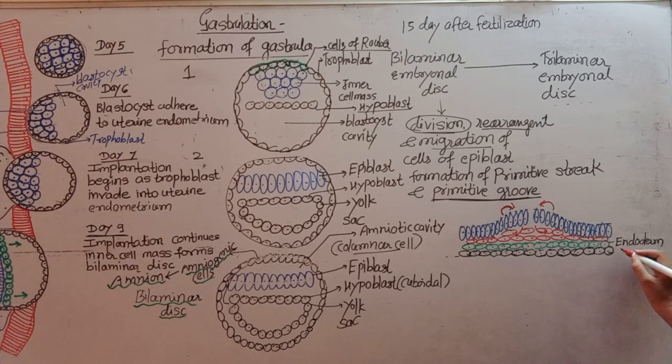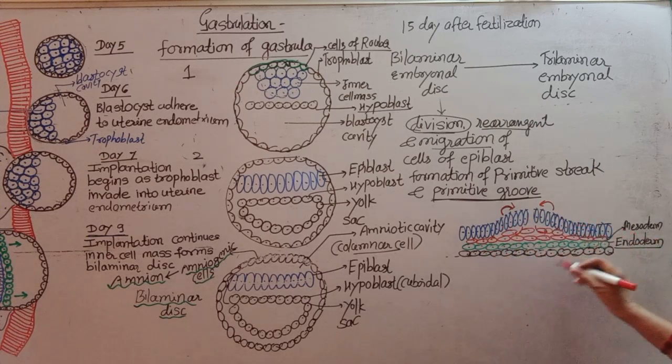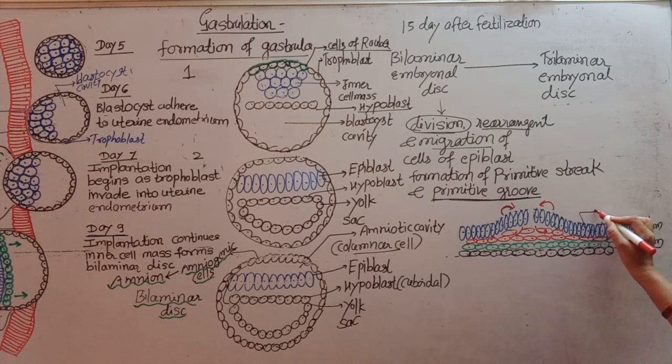First layer which differentiated is endoderm. Second layer, which is arranged between endoderm and epiblast, is mesoderm, and the remaining cells in the epiblast form ectoderm. This is ectoderm.